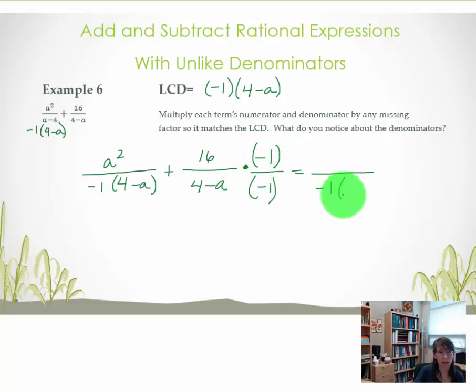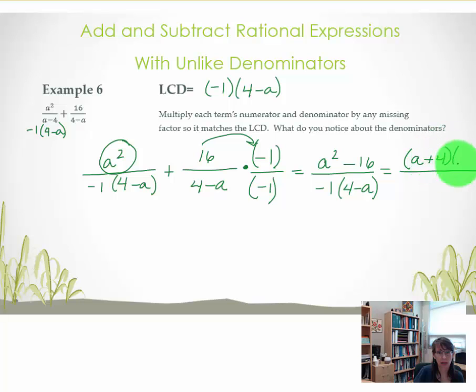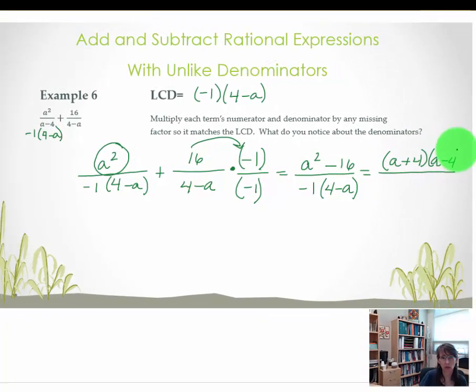So I have to build up with that missing factor of negative 1. So now in the denominator, I have a common denominator of negative 1 times the quantity 4 minus a. I have a squared as the first term. And 16 times negative 1 would be minus 16. Do you recognize a squared minus 16? As a difference of squares, we could write that as a plus 4 times a minus 4.